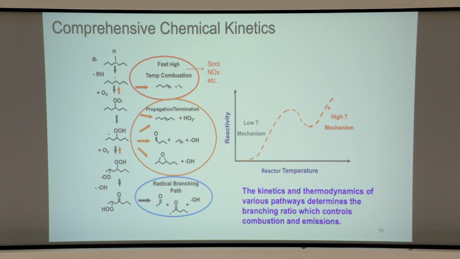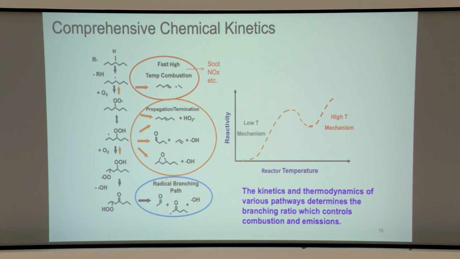But something happens in the middle, which is very peculiar, and very peculiar to alkane type fuels, okay? There are other types of reactions that come into play. And if you add oxygen, this peroxy radical, as temperature increases, it actually breaks apart before it isomerizes. So you form HO2 radicals and olefins.